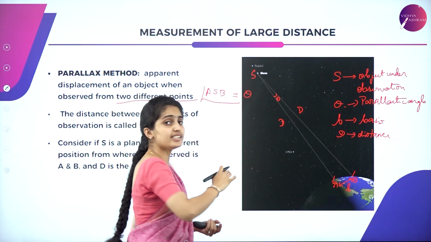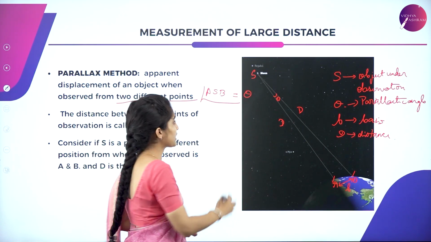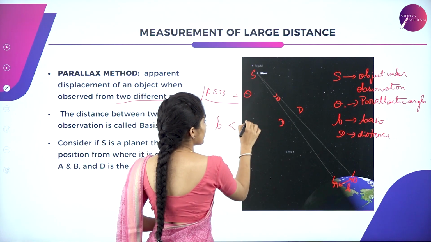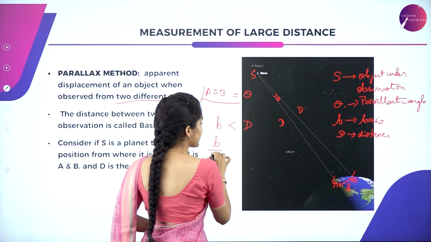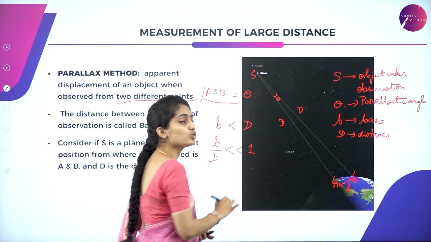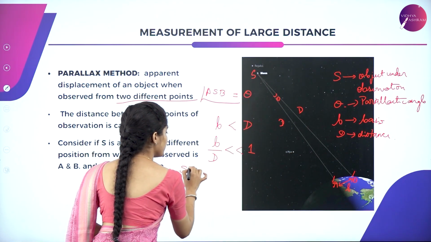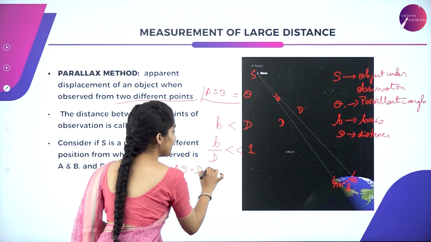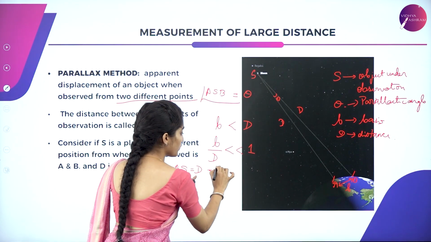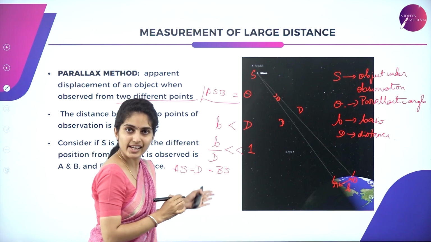If the distance is even greater, what happens? b will be very much less than D, so b divided by D is very small. If you consider AS equal to D, then it is also equal to the radius.